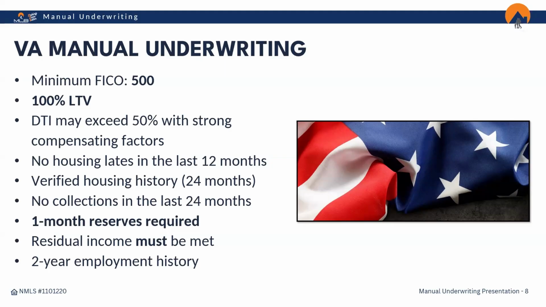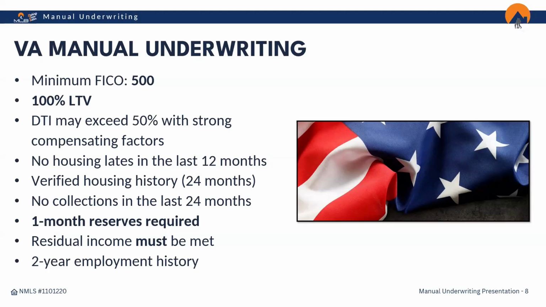They can go to a 500 minimum credit score, as long as there are no housing late payments in the last 12 months. So we're going to be looking at the last 2 years on all of the manual underwrite options. The underwriter is always looking at 24 months, but the biggest thing is no late payments in the last 12 months. The last 12 months are really the most important because that's the closest to our loan, but we're looking at the full thing.